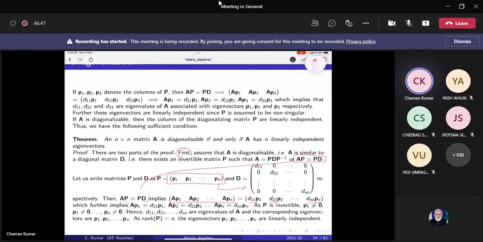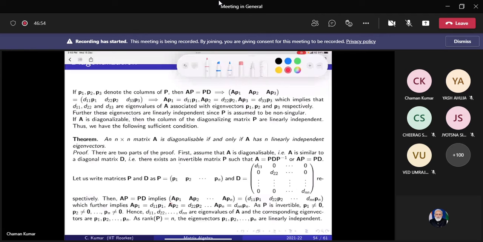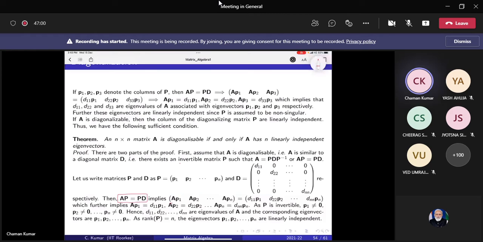So from the relationship AP is equal to PD, and the notation that we are using, we get this relationship.